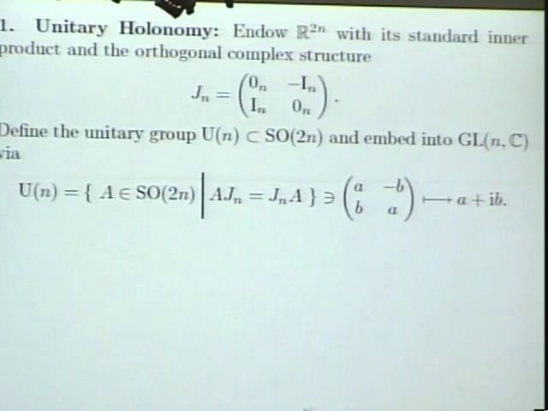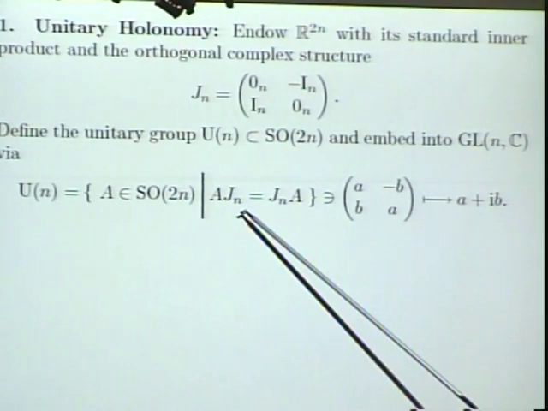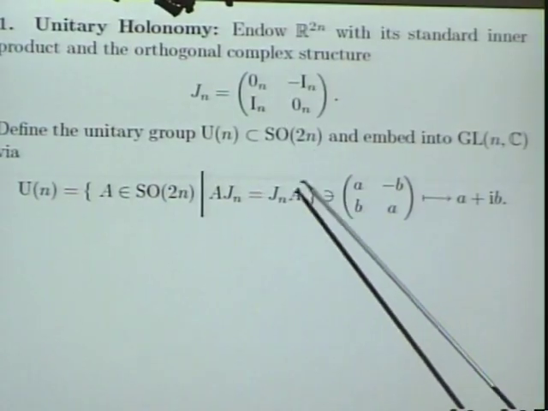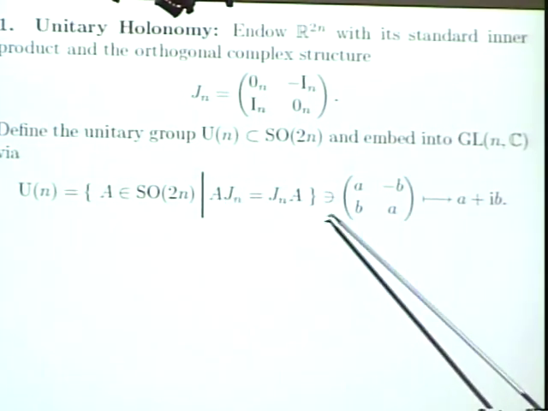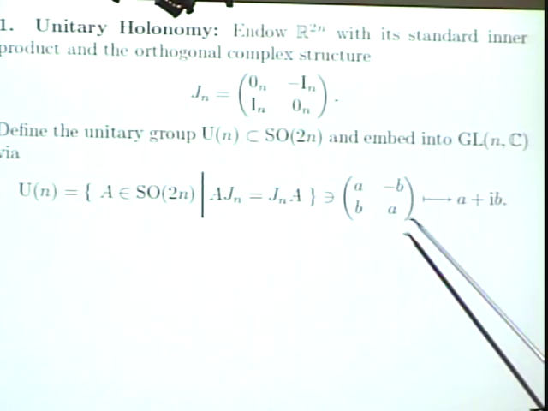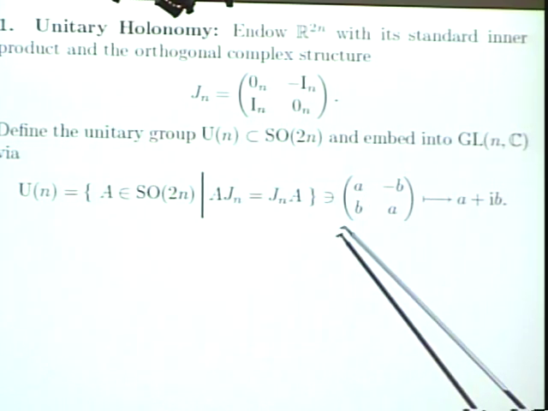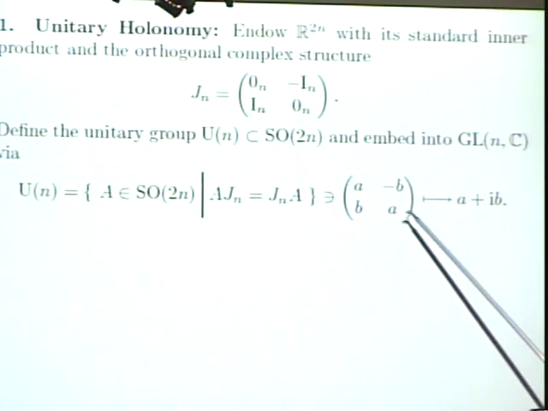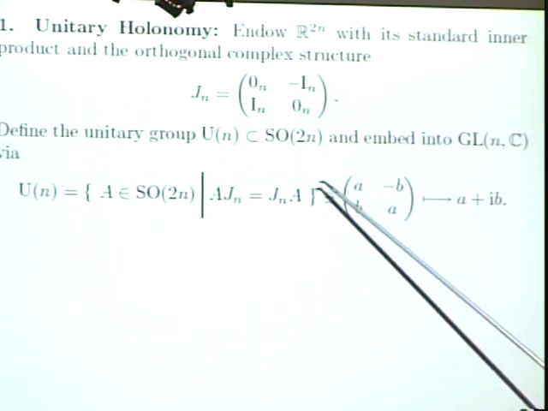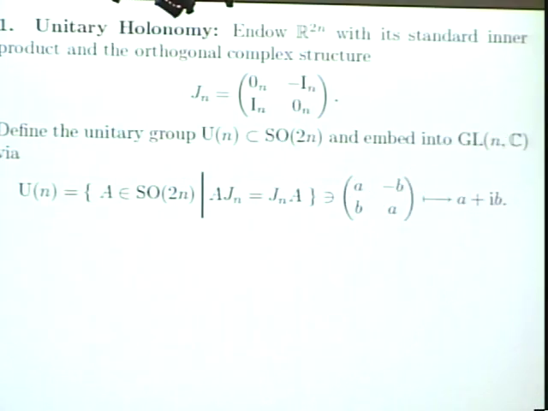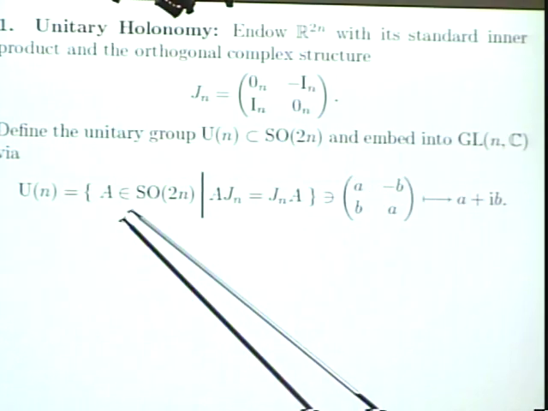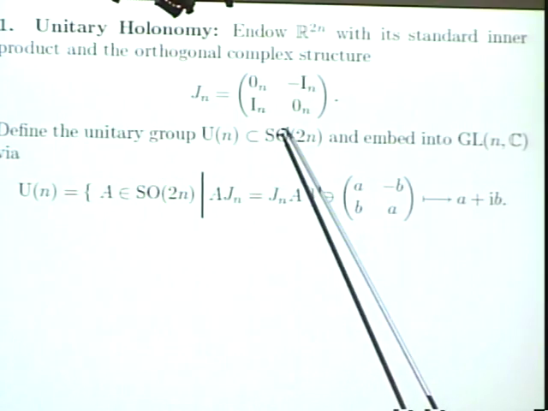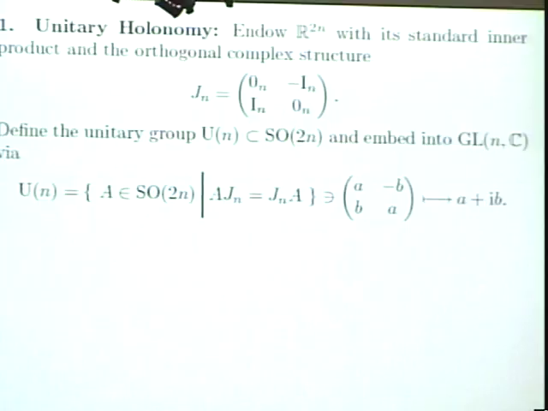That is, they're the complex linear special orthogonal transformations, and this condition, as you can easily see, forces the matrix capital A to look like this, where little a and b are n by n matrices. If you identify this 2n by 2n matrix with this n by n complex matrix, then this is in fact a homomorphism, an embedding of this group into GL(n,C). So from time to time we'll think of this either as 2n by 2n matrices or n by n complex matrices.